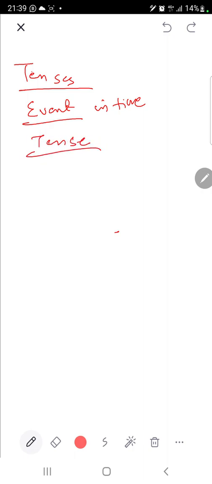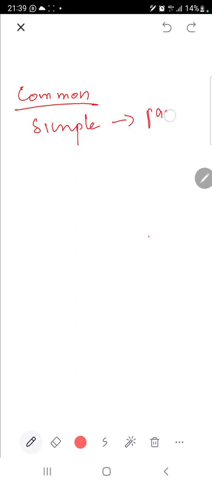As you can see, tenses mean that to describe any event in time, we need tense, right? When that event happened and how it happened, we need time for that. So most of the time in OET writing, the most common tense is your simple past tense, which we can say past indefinite.